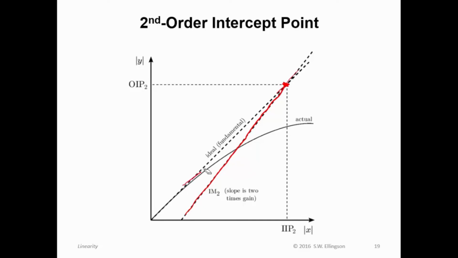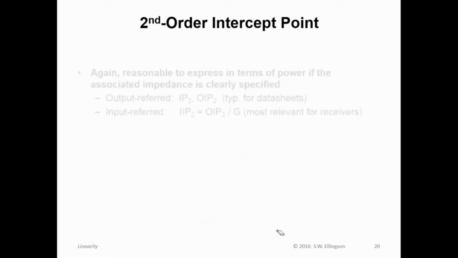Of course, the actual response looks like this, but I can go down here and I can compute a linear gain line, and I can go down here and compute a response line for the second order intermodulation products, and where they intersect then is the output second order intercept point, and then I have an input second order intercept point.